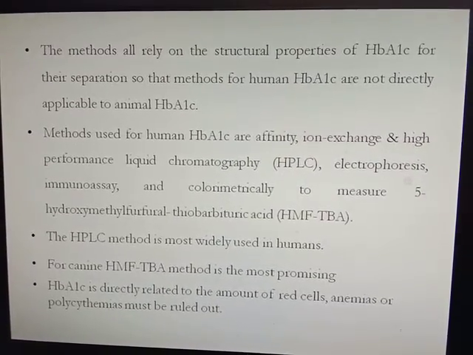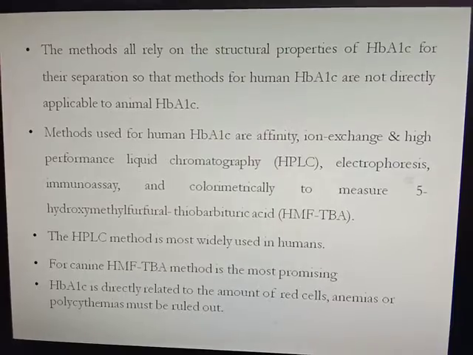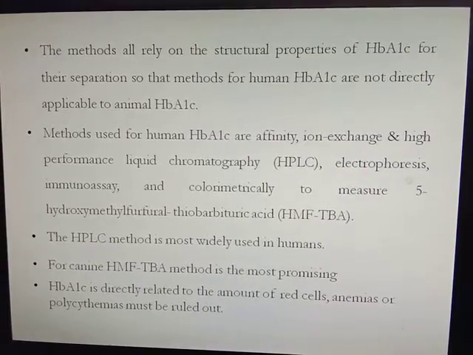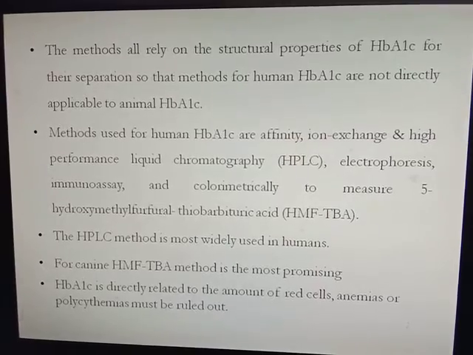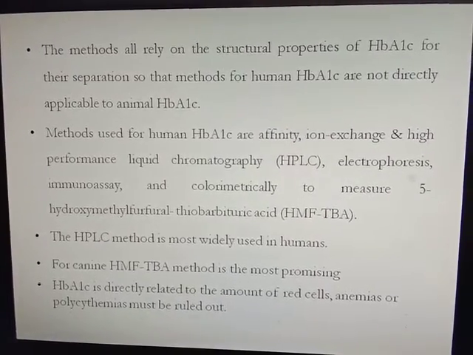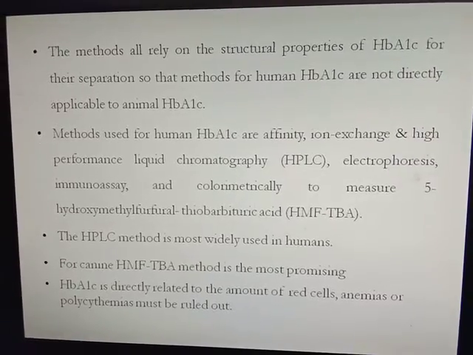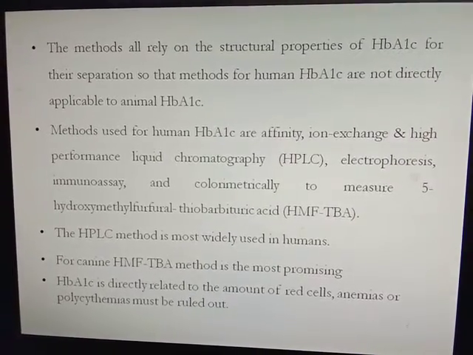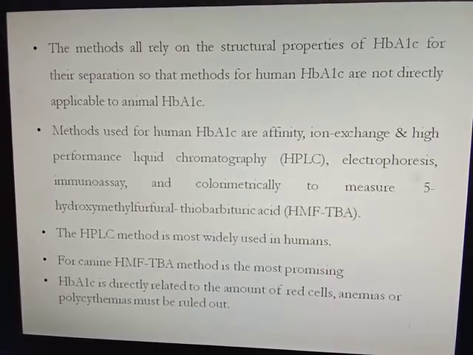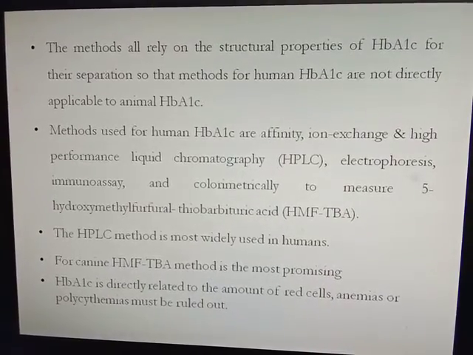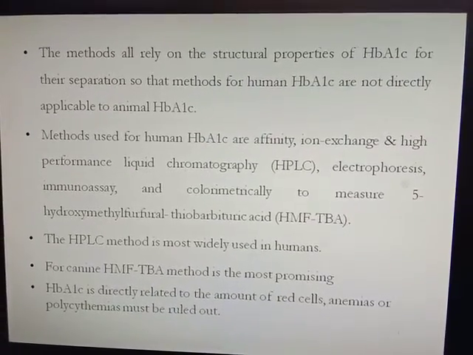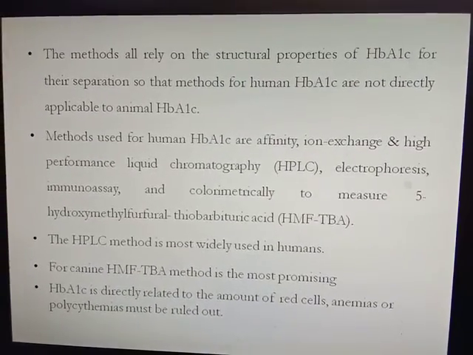The methods normally used for human HbA1c are affinity chromatography, ion exchange chromatography and high performance liquid chromatography, also called HPLC. Other methods are electrophoresis, immunoassay and a colorimetric method to measure the formation of 5-hydroxymethylfurfural with thiobarbituric acid. The HPLC method is most widely used in humans.